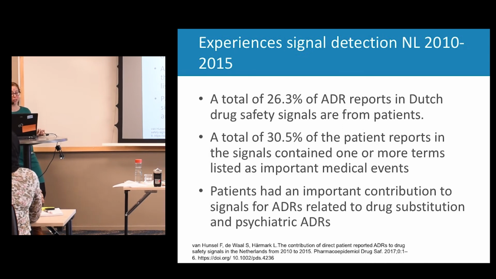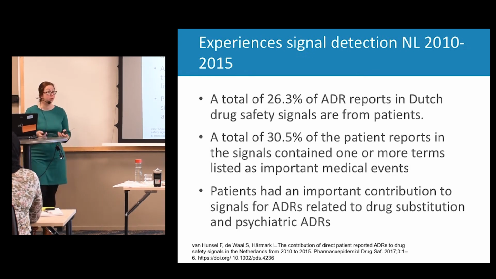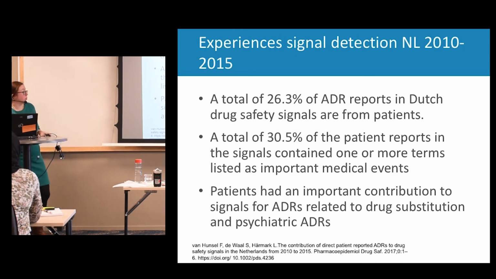We had some signals on substitution, for instance, from brand to generic medication, or different generics compared to each other, where patients had a large contribution. I would have to say together with the pharmacy reports as well. And also patients reported more about psychiatric ADRs in the signals. And that is also something that I think they're very able to describe what happens to them.